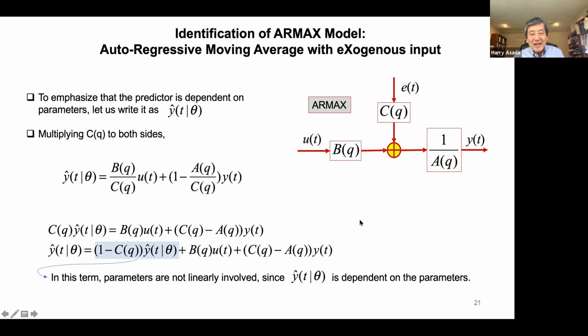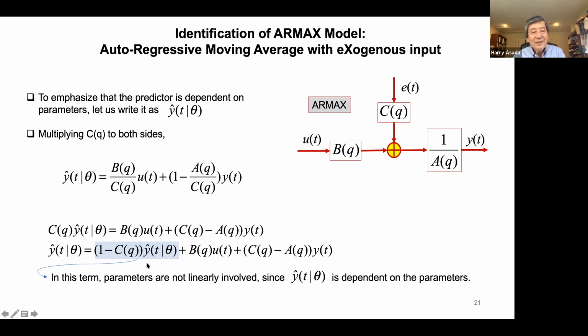Last time, when we dealt with the ARX model, this predictor was nothing but a linear regression, where the parameters to estimate, theta, can be completely factored out, and the remaining part is the regressor phi. Theta and phi are separated, right? But now the bad news is that this y hat t is a function of theta. Previously, C was just 1, so this term did not exist for the ARX model.